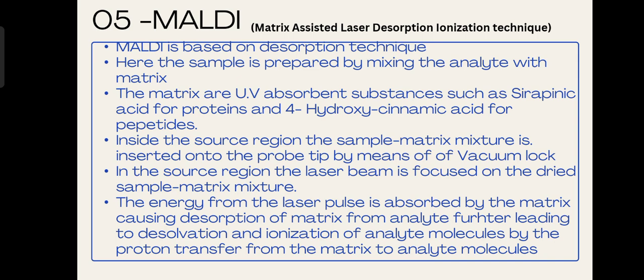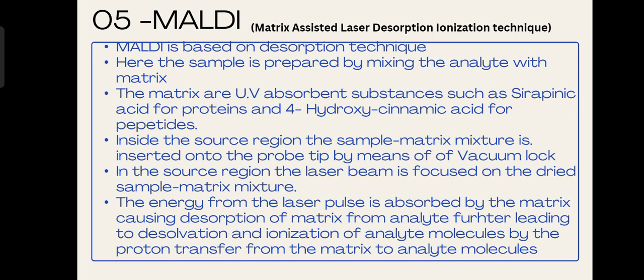Alright, so the sample matrix mixture is prepared and it is inserted into the probe tip by means of a vacuum lock. Once the sample matrix mixture is placed, it is allowed to dry to form a solid gel.